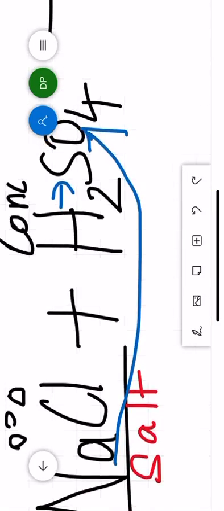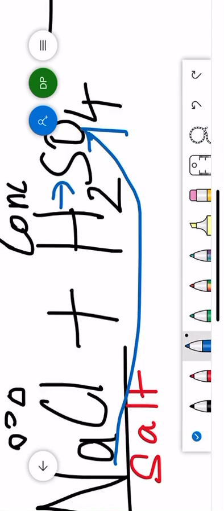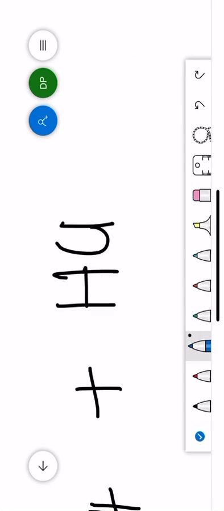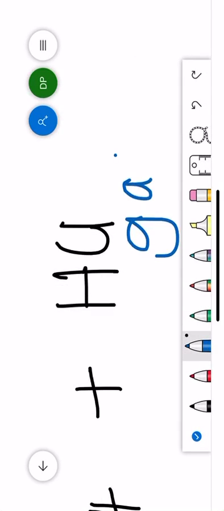And what else happened? The Cl joined with the leftover one atom of hydrogen. And what did you get? You got HCl gas. There you go.